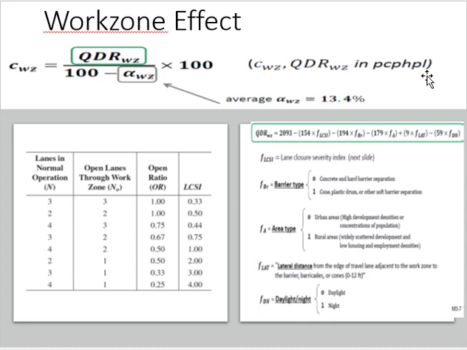It has a very long equation, and in this equation we have some factors. First factor, FLCSI, the factor for lane closure severity index. Where is this factor? What do I need to get the factor?